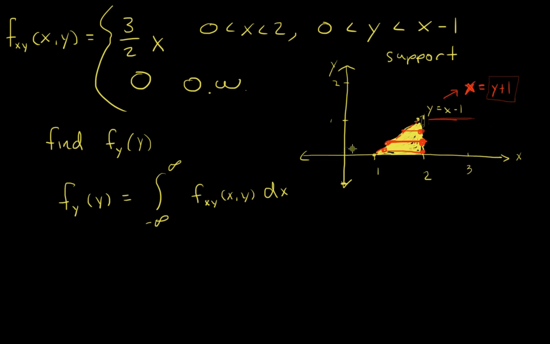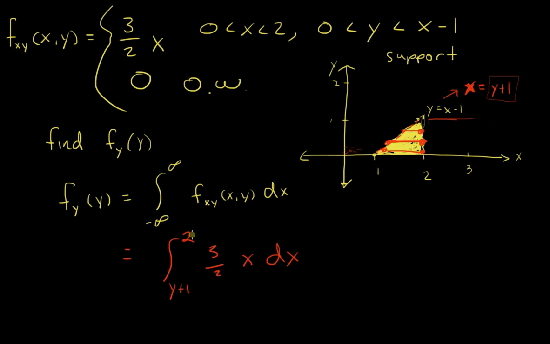Down here is not inside the support, so I cannot write my bounds from 0 to 2. That would be wrong. It only picks up right here when x is y plus 1. So I should write this integral from y plus 1 to 2 of 3 halves x dx.